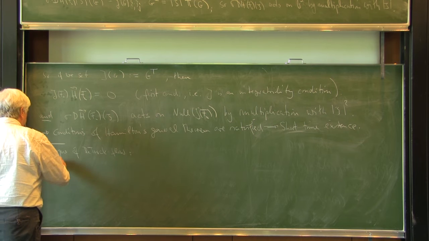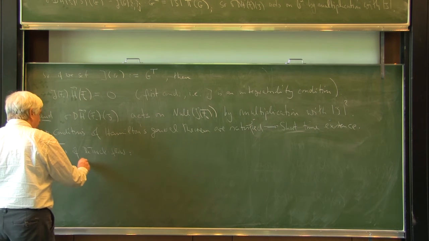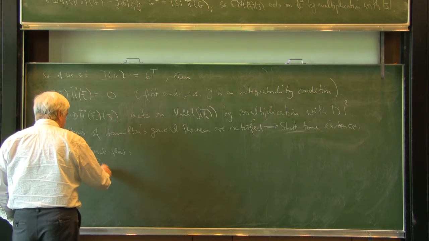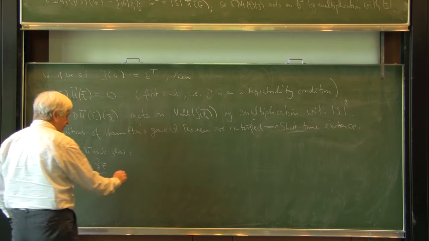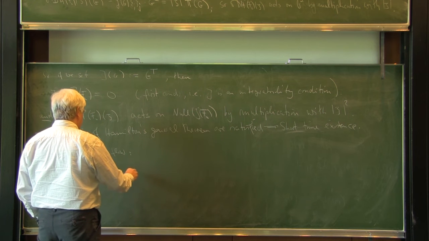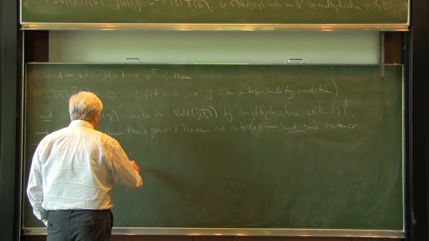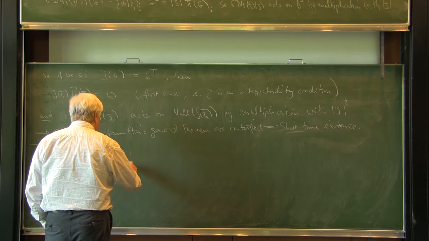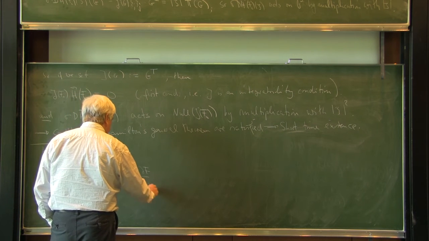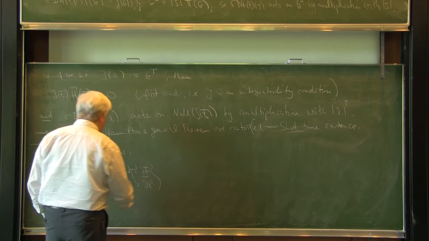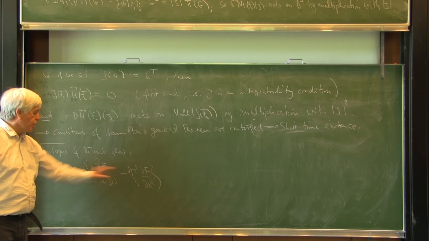We have d/dt of f is equal to g^{ij} d²f/dx^i dx^j. This is the nice part, and the thing that is giving us trouble is this term Gamma^k_{ij} with respect to the g metric, times df/dx^k. So we would like to get rid of this term.